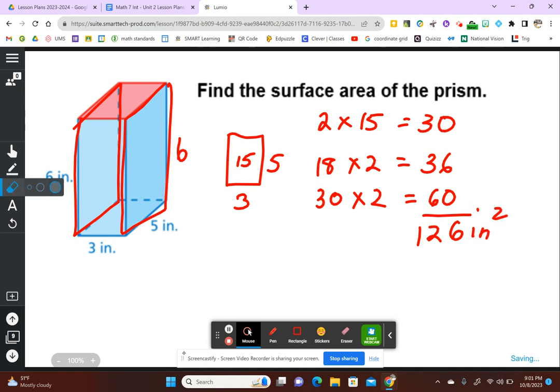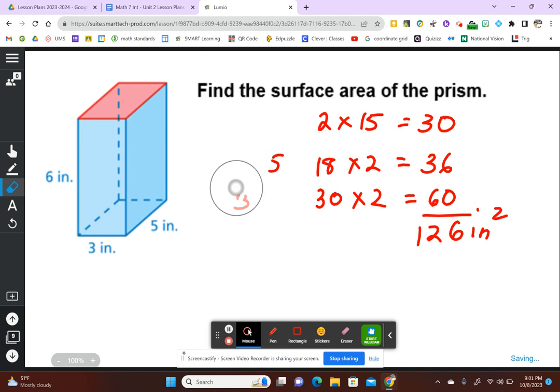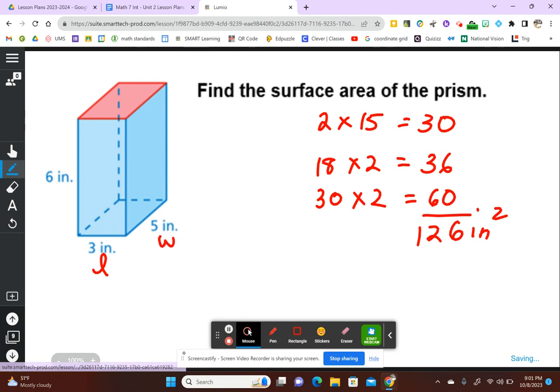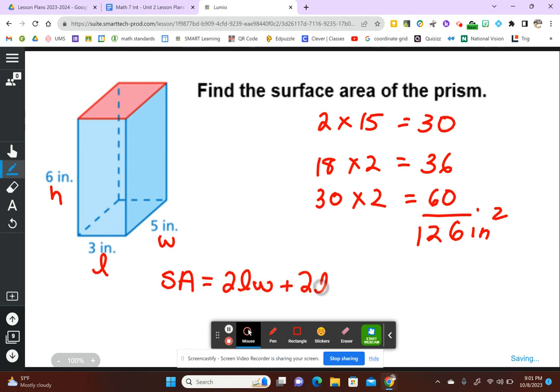Another way you could have done this is you could have said, this is the length, this is the width, this is the height. I'm going to use the formula that says surface area is 2 times length times width plus 2 times length times height plus 2 times width times height.